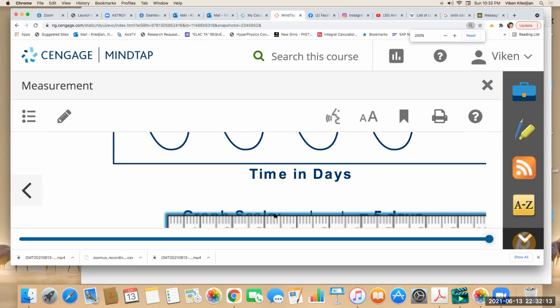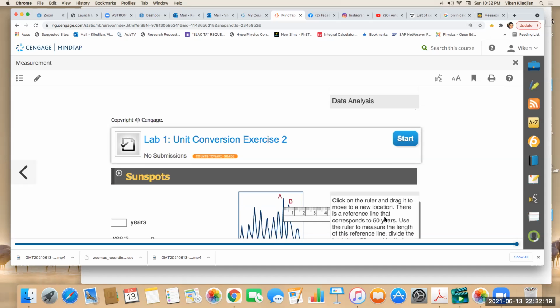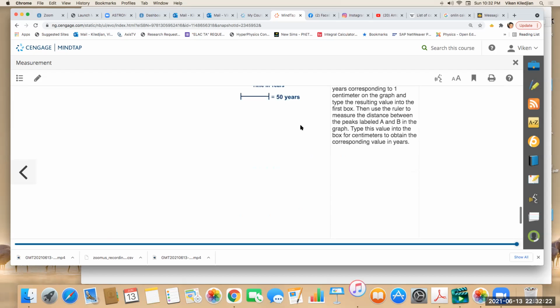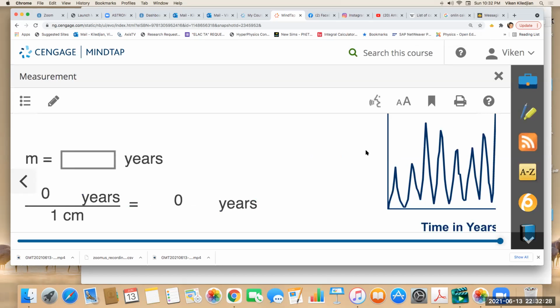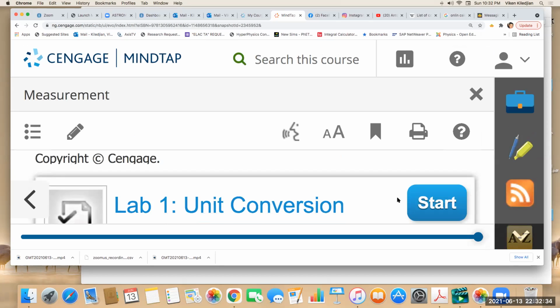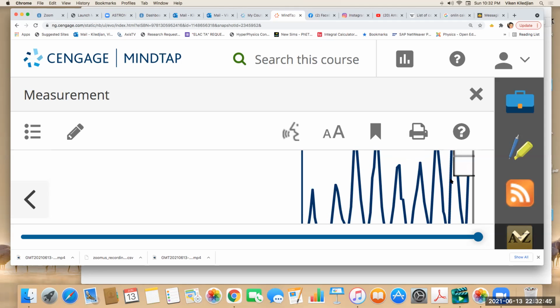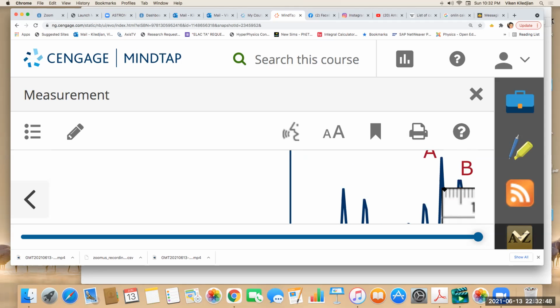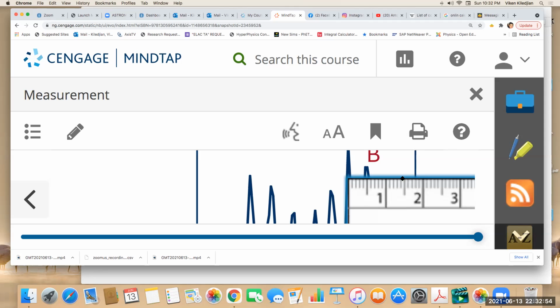Let's see here. Oh, there you have it. Maybe on this one you need to zoom in more. Oh, there you go. So you could kind of say, okay, what's the distance?